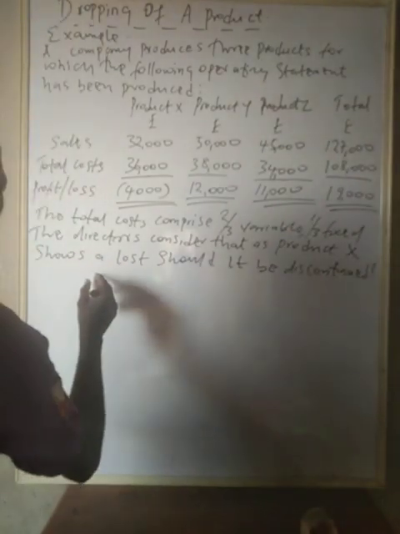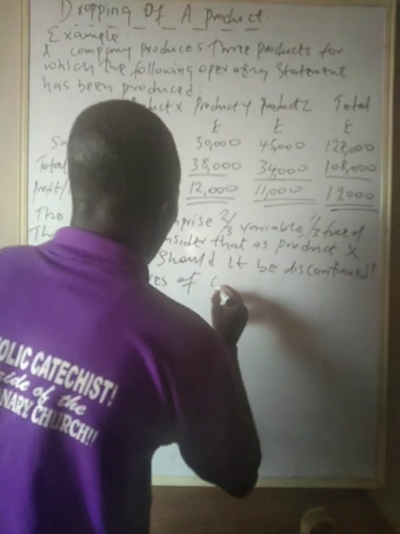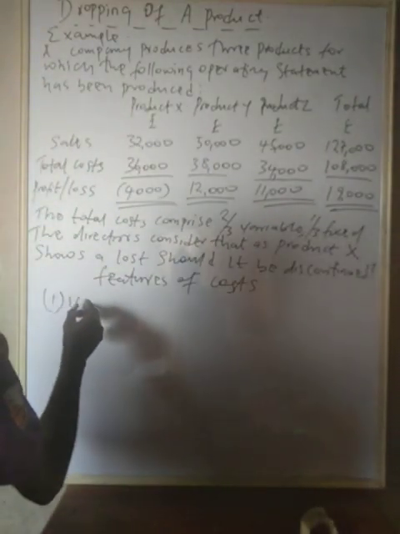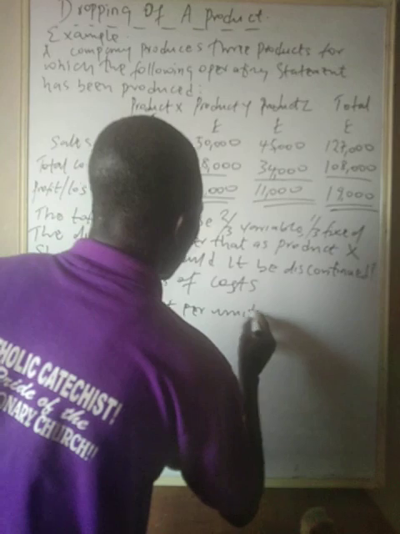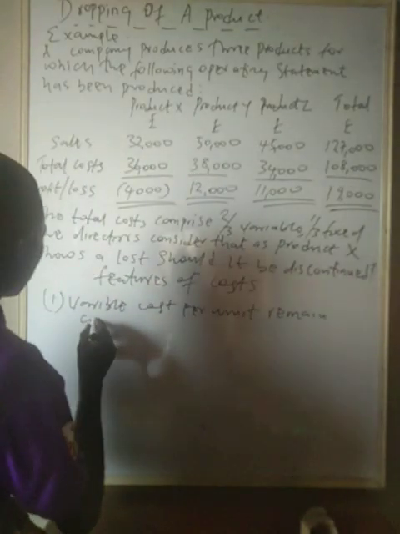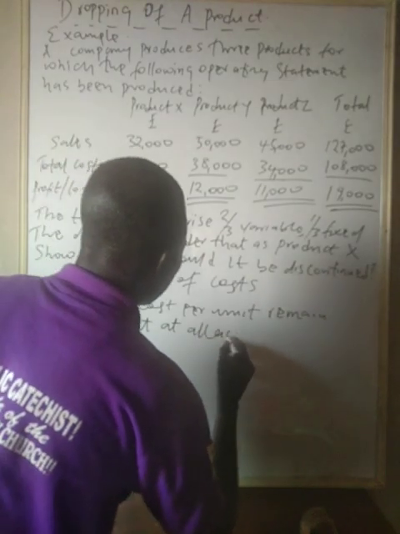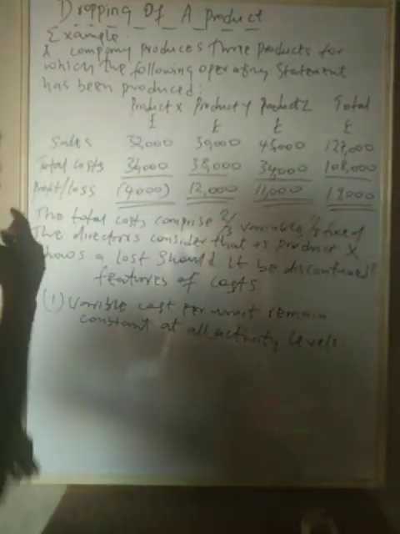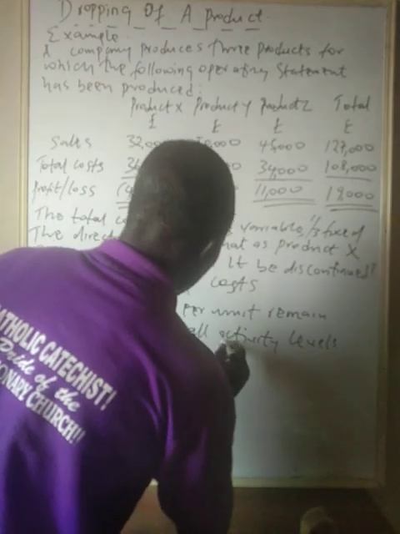Features of cost in cost accounting. 1. Variable cost per unit remains constant at all activity levels, whether one unit or many units. 2.